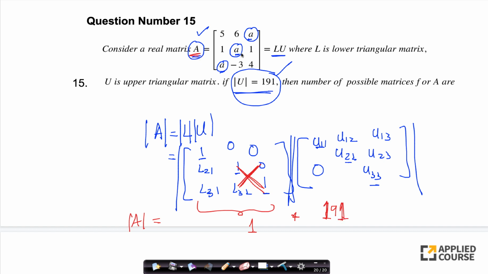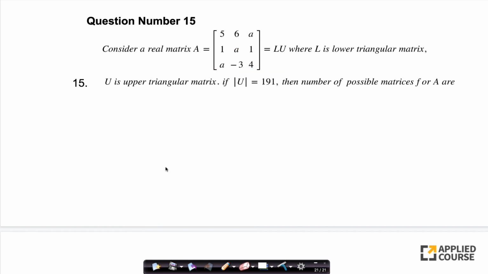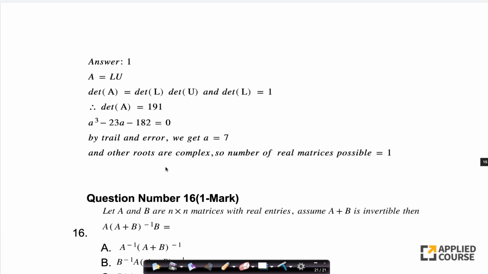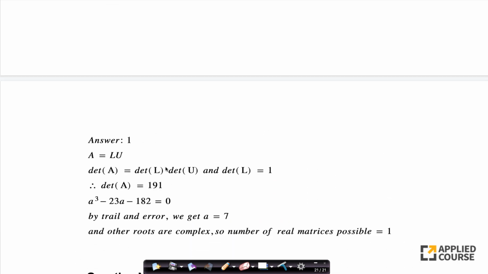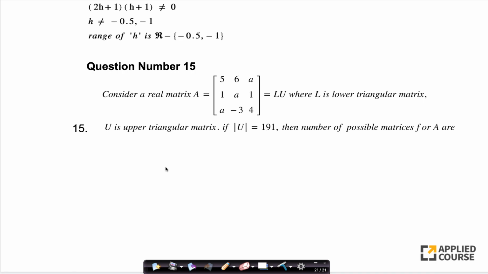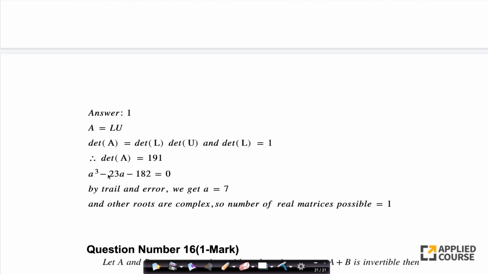So let's compute the det of A. I can represent det of A as an equation in my variable a that I have here. I have solved it already here, so let's go through it. Actually, you don't even have to worry about it. When you say det of A equals 191 and simplify the equation, you'll get a cubic equation because A is a 3 cross 3 matrix.